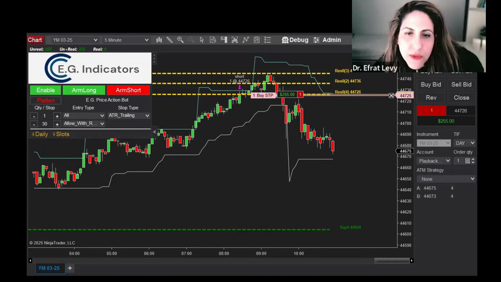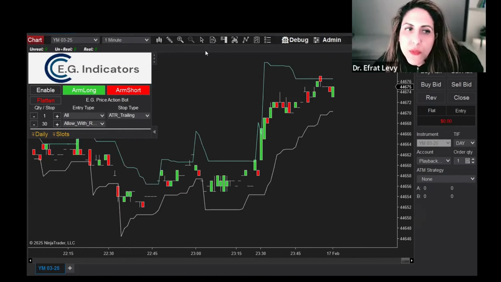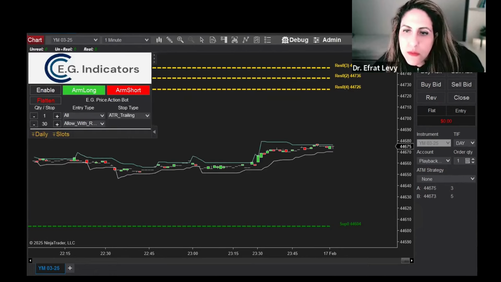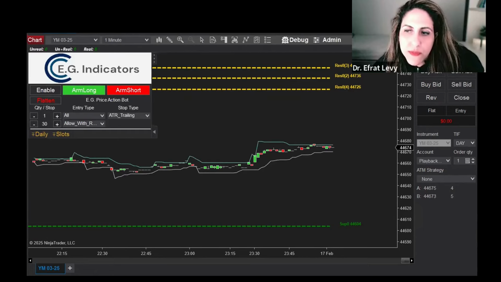Again, placing pending orders off the trigger points, first touch rule. This is the 5-minute time frame, but now let's move to the 1 minute time frame and see how it performed. Okay, so this is the 1 minute time frame.